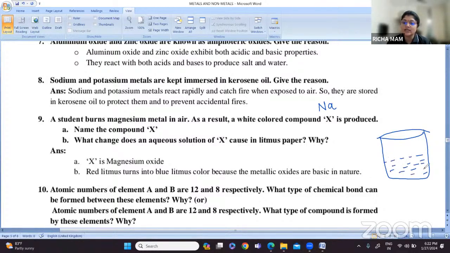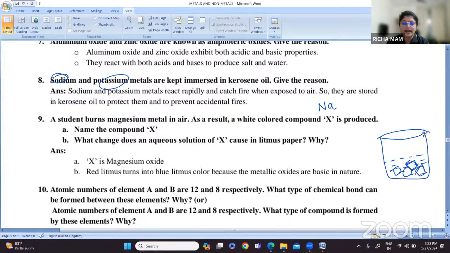You might not have seen potassium, but sodium is kept in a beaker consisting of kerosene oil. Why is it kept so, students?